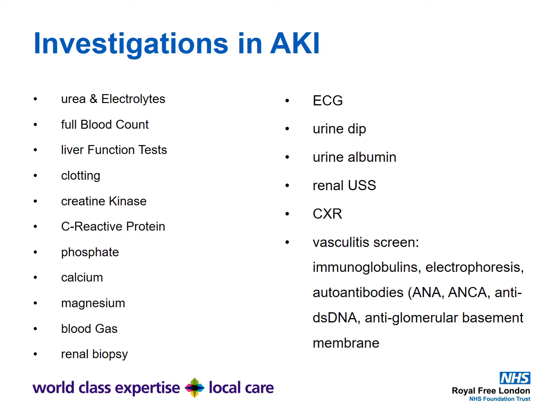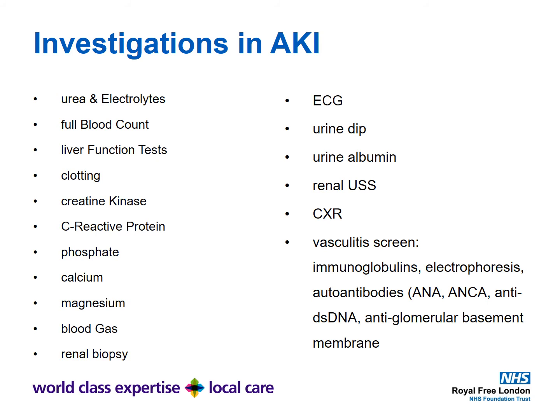Liver function tests to diagnose hepatorenal syndrome, calcium and phosphate to diagnose myeloma, creatine kinase to diagnose rhabdomyolysis, blood cultures if sepsis is suspected, and urinalysis. If there is blood, protein, leukocytes or nitrites, send a midstream urine. Also request an ultrasound of the renal tract and bladder.